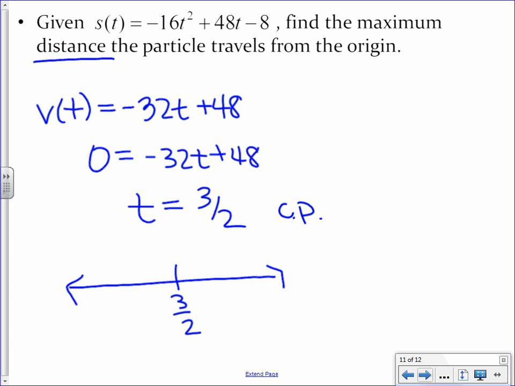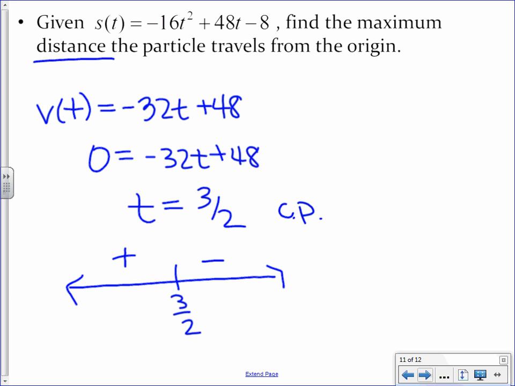What's happening to the left of 3/2? We're increasing. To the right, decreasing. So we have a change in direction here, right? All right.